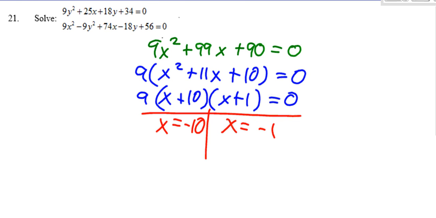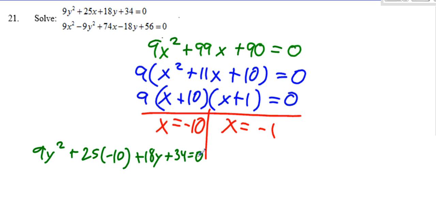So when you plug in negative 10, we get 9y squared plus 25 times negative 10 plus 18y plus 34 equals 0. And I'll plug in negative 1 also to that same equation. We'll work that out later.